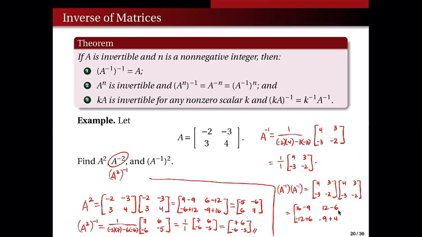Negative 2 times negative 2, that's 4. So yep, you will get 7 here, 6 here, negative 6 here, negative 5 here. So it's the same as this one here.